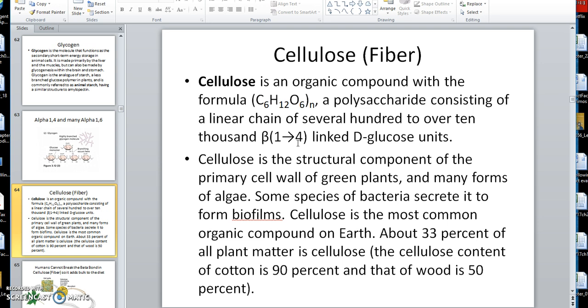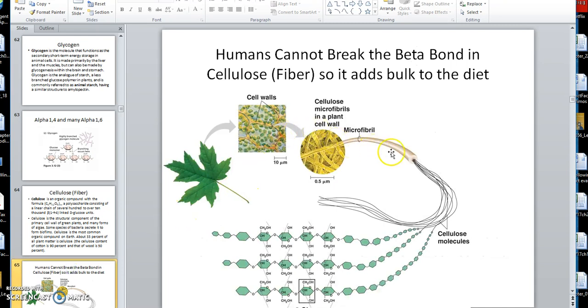So cellulose, though, cannot be digested by us as humans because we don't have the enzymes. So it goes undigested and it gives bulk to the diet. It makes the intestinal muscle have to work against it, just like we lift weights to keep our muscles strong. That's what we call cellulose. If you look at it and tease it out, it has a fibrous appearance.